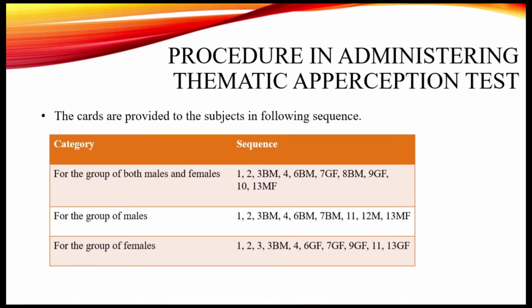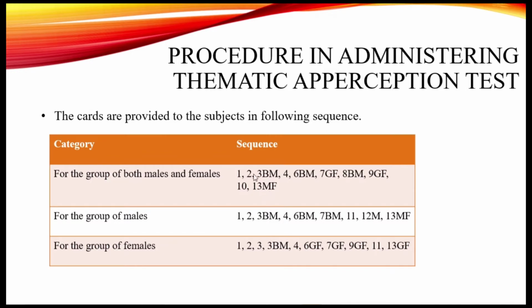Next, the cards are provided to the subject in the following sequence. In presenting the picture cards, it should be in sequence. For example, in this table, for the group of both males and females, the sequence of pictures is picture 1, 2, 3 BM, 4, 6 BM, 7 GF, 8 BM, 9 GF, 10, and 13 MF.